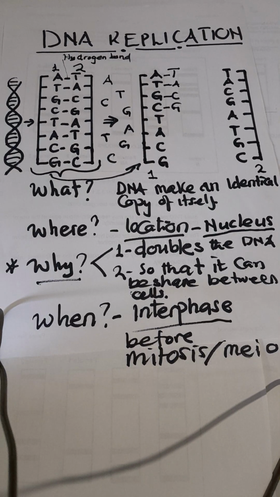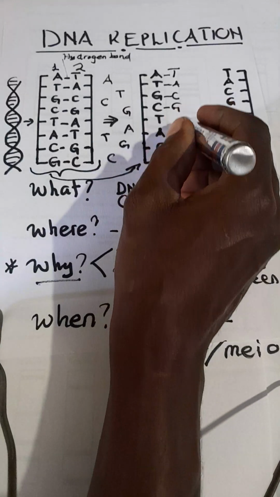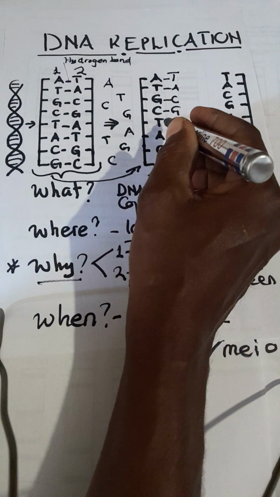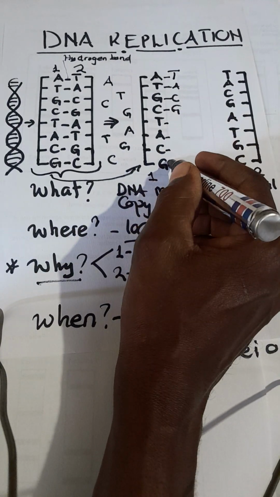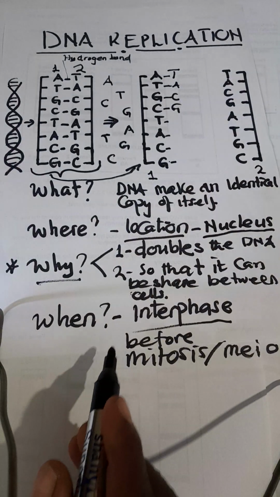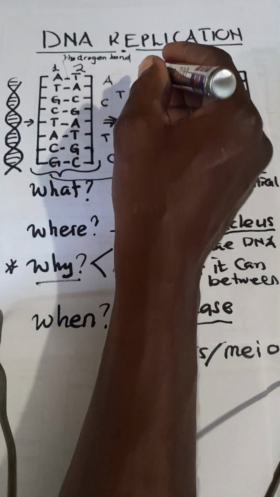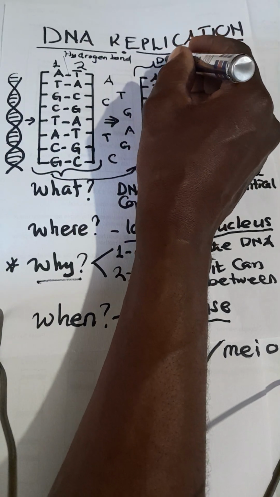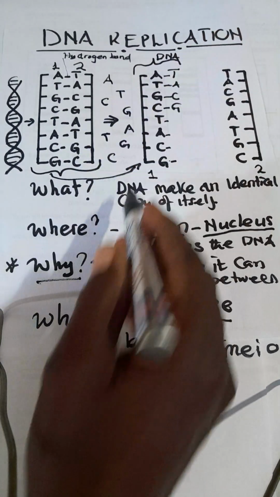Right. So this is going to continue. I guess you can continue there to write the base pairs that are going to bond with these others, isn't it? Very important.